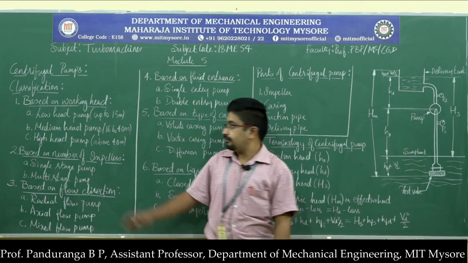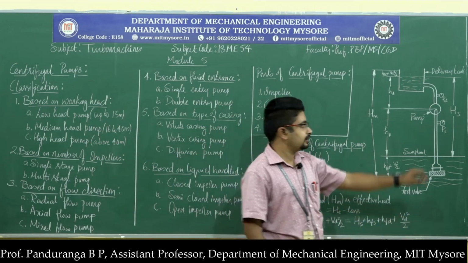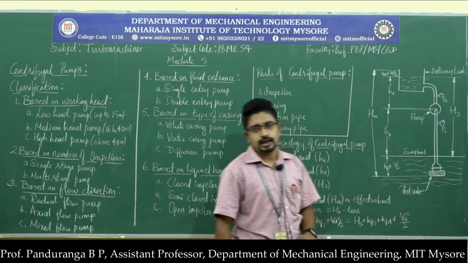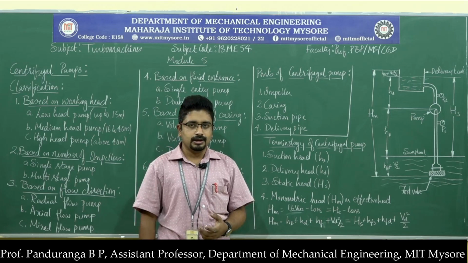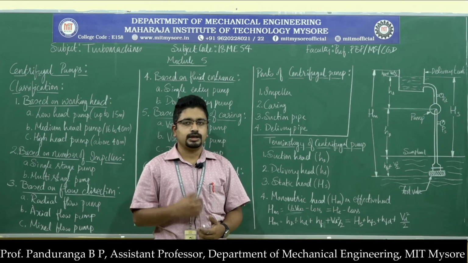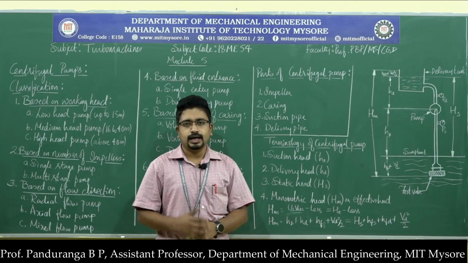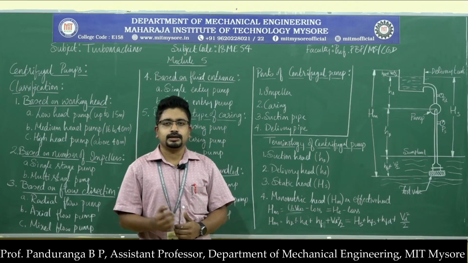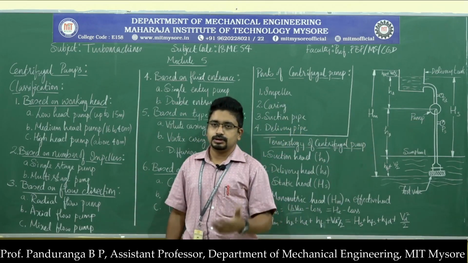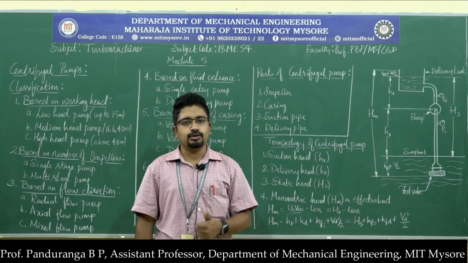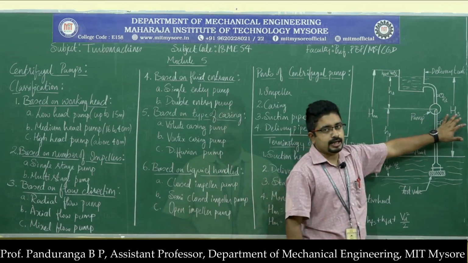Here, whether we talk about low head, medium head or high head, that is the static head, the actual head which has to be developed. But the pump has to work extra hard to achieve the manometric head, and in the manometric head we are not considering the losses that occur in the impeller and the casing. So the pump has to work extra hard to overcome those losses and achieve the static head, capital HS.